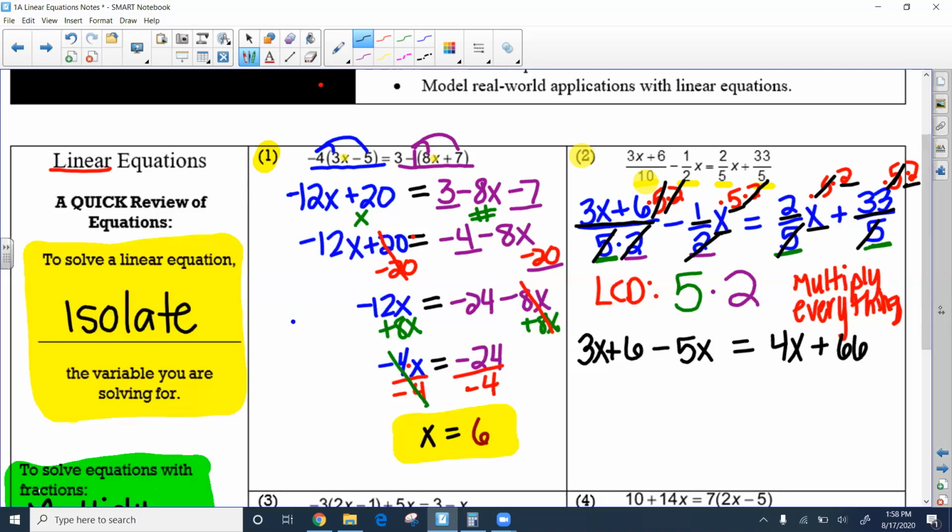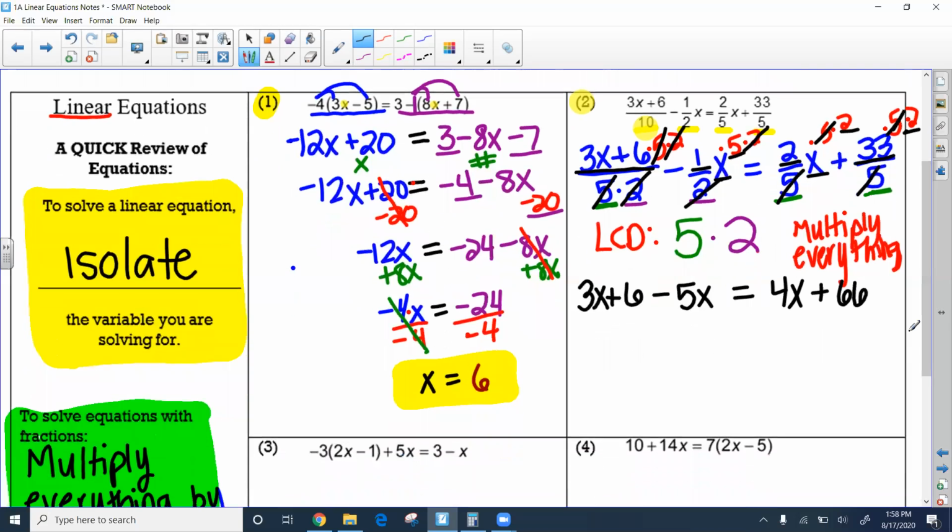Okay. Now you'll notice once we multiply by the LCD, we don't have any more fractions, and now we just have a linear equation. So now we can solve like we did on example 1. To solve this linear equation, this is what I have so far: 3x plus 6 minus 5x equals 4x plus 66.